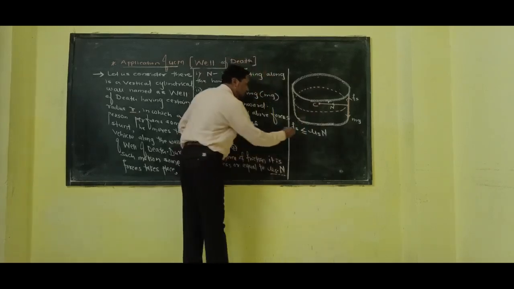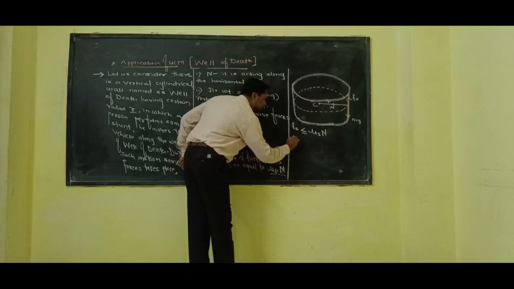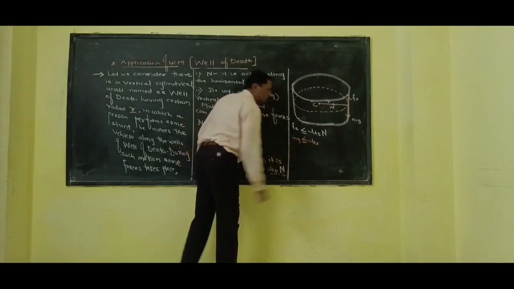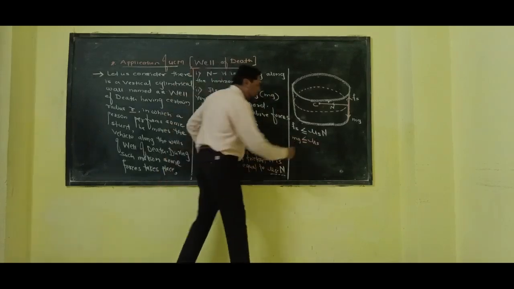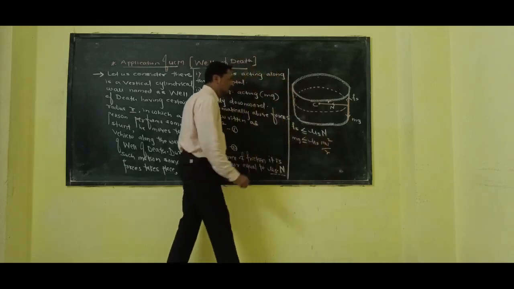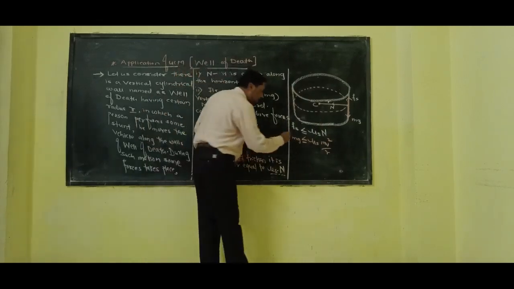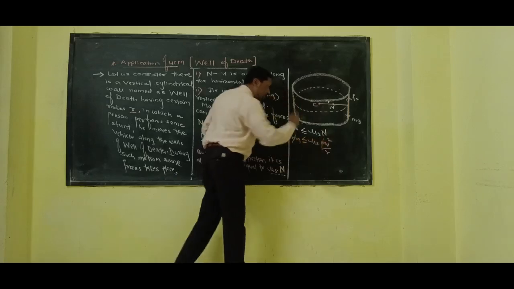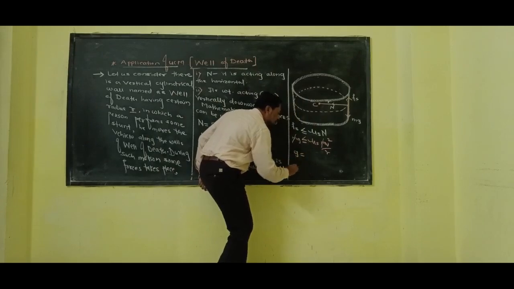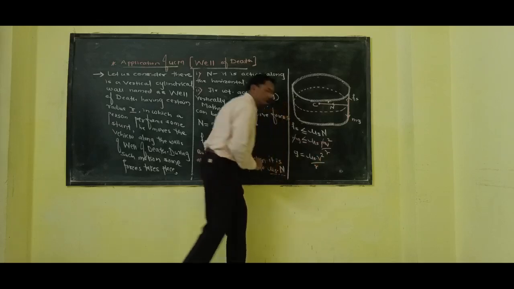Put the values. Fs is nothing but mg, as we have already written here, and it is less than or equal to mu s, the coefficient of static friction, times mv square by r, which is useful for centripetal force. So which factor can we cancel here? Here the factor m gets cancelled. What remains is g is equal to mu s into v square upon r.